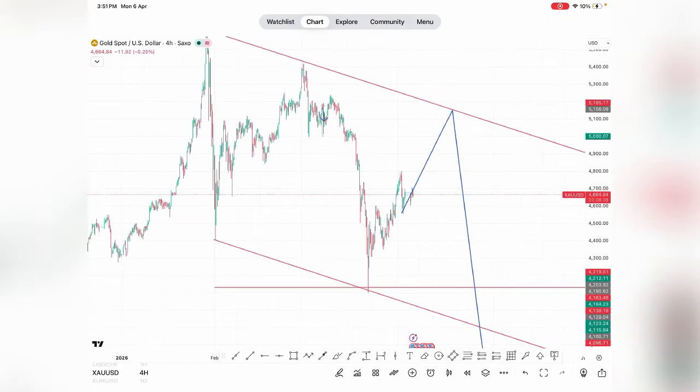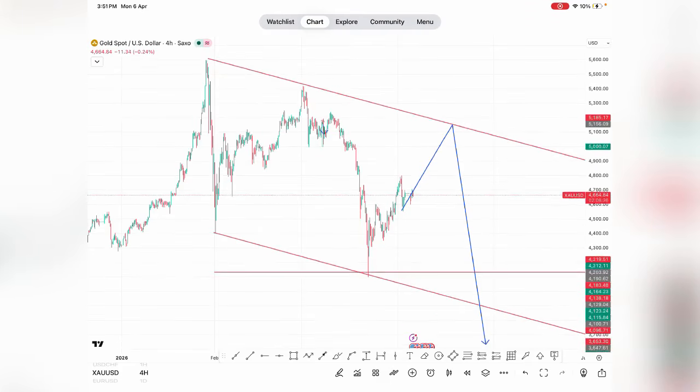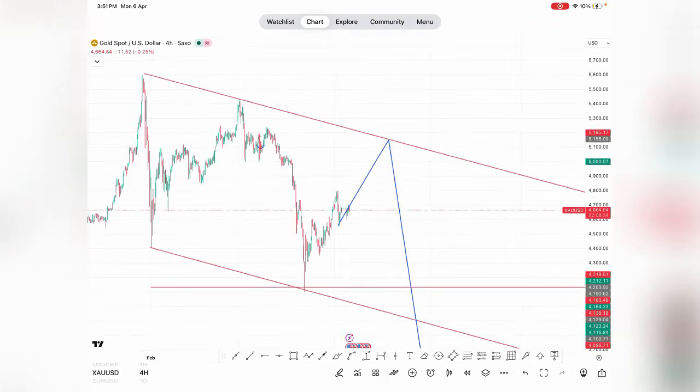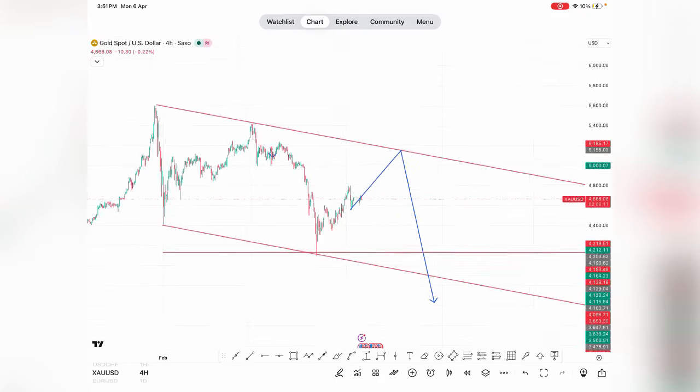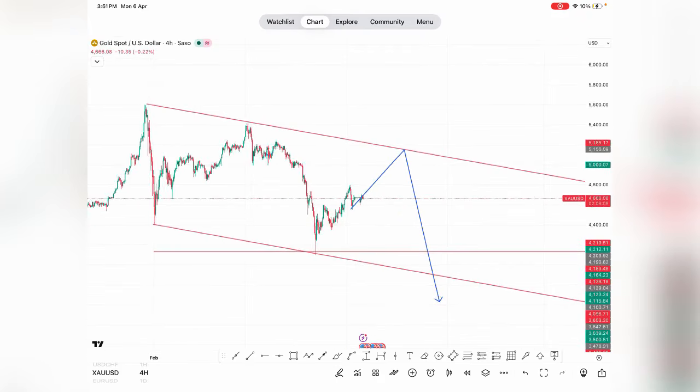So if you have a bigger lot size and the market is not going in your favor, then of course you are going to have more losses than profits. In the opposite sense, if you are trading at a smaller lot size and the market is not going in your favor, then of course you are going to have less risk impact.